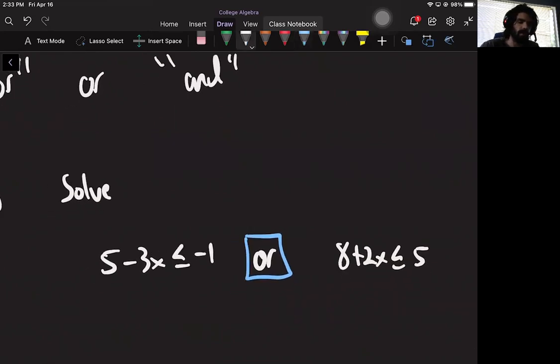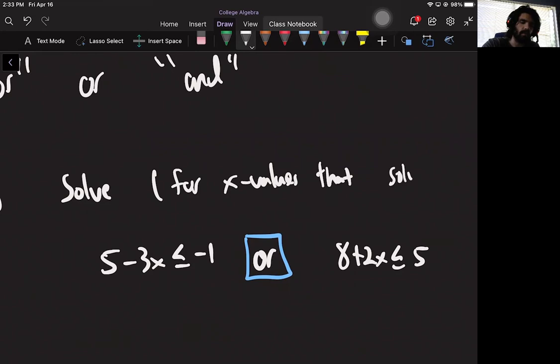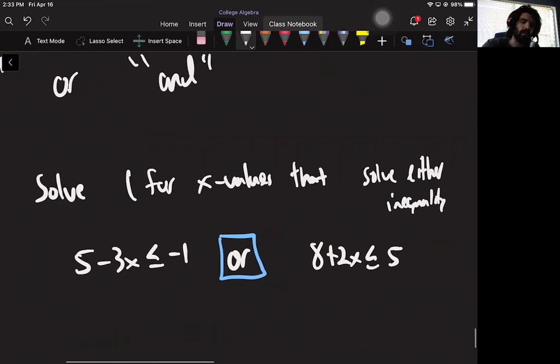It's more precise. What this really means is, solve for x values that solve either inequality. That's what the word or really means in math here.